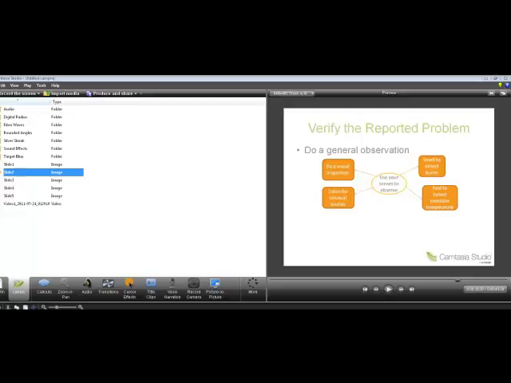The first thing to do in the troubleshooting process is to verify the reported problem.